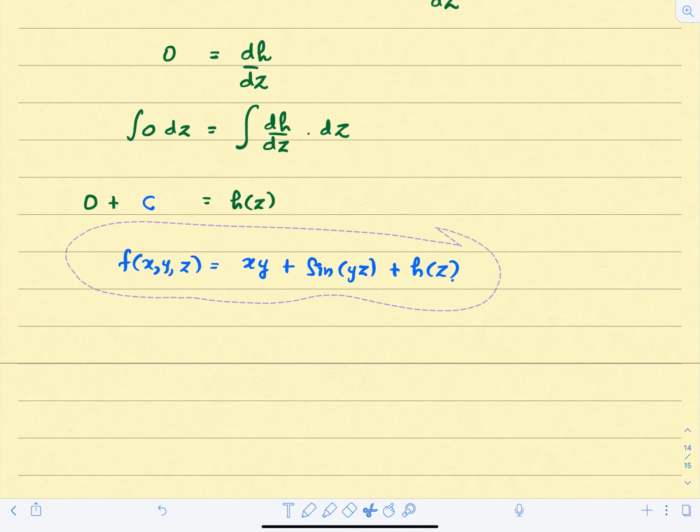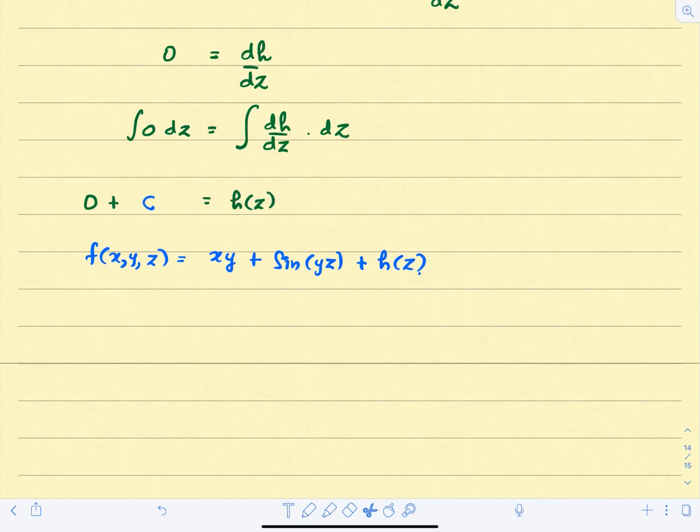So my f should be xy plus sine of yz plus some constant. So this is the way we calculate the scalar potential function for a conservative vector field in R3.